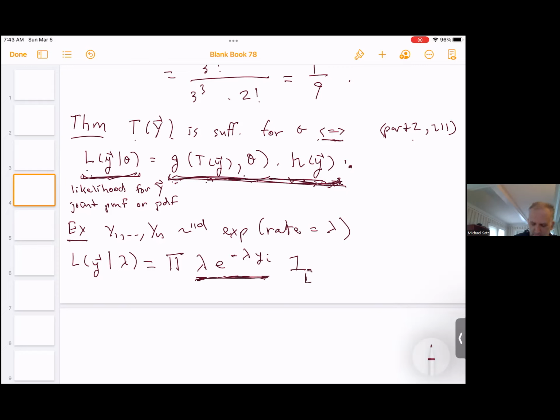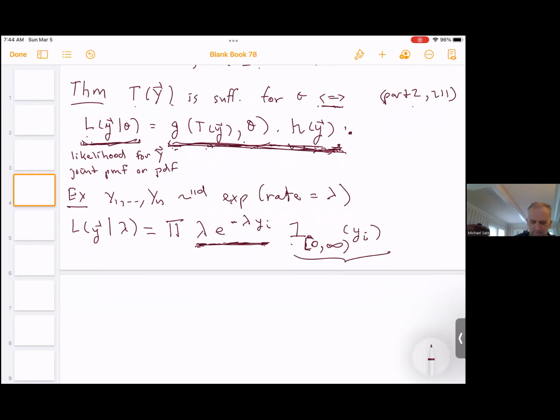So it's 1 from 0 to infinity. You don't need to include the 0 really, but we'll include it. And here I'll put y_i. That just means this function evaluates to 1 if y_i is greater than 0 and to 0 otherwise. Okay, so this is it.